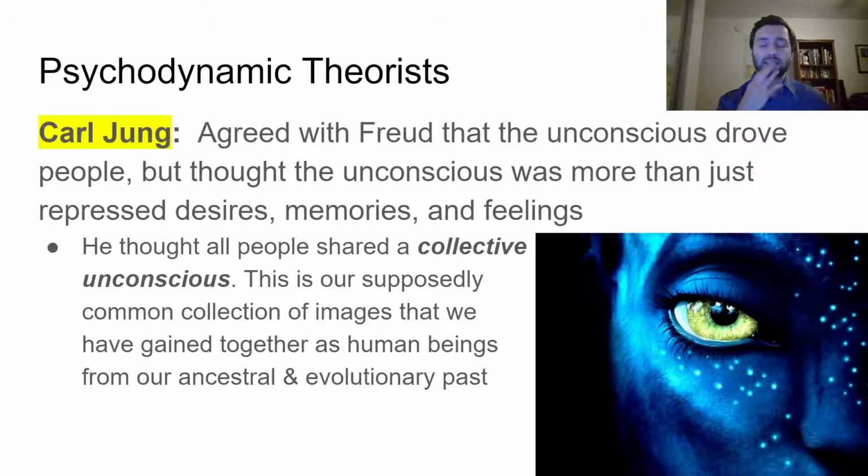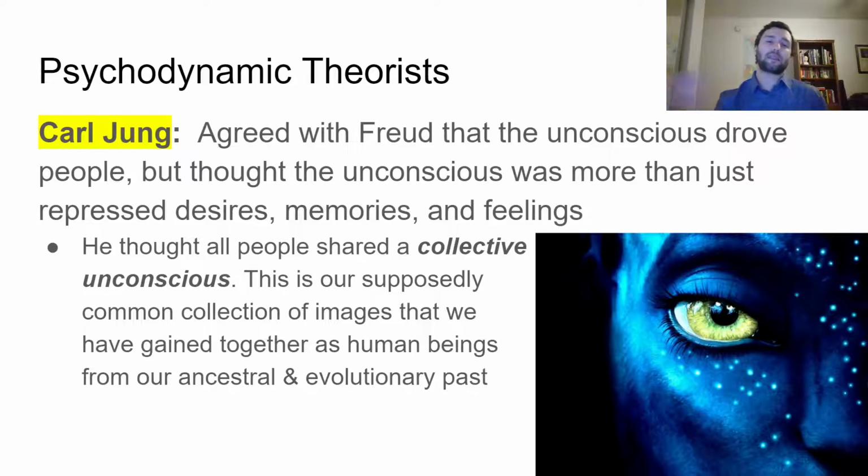The idea is that if we all took that image and put it down on a piece of paper, a lot of us would have a common image. Obviously there are a lot of other things to take into consideration, but Jung believed that we would have this common identity, this common collection of things that represent stuff.